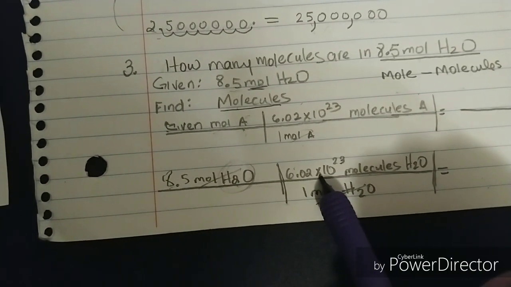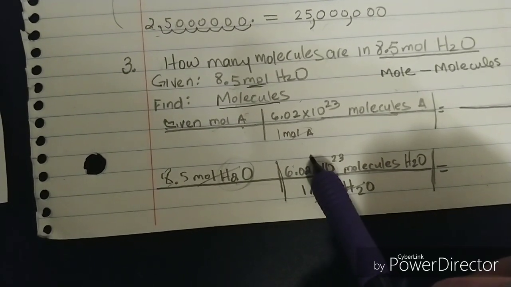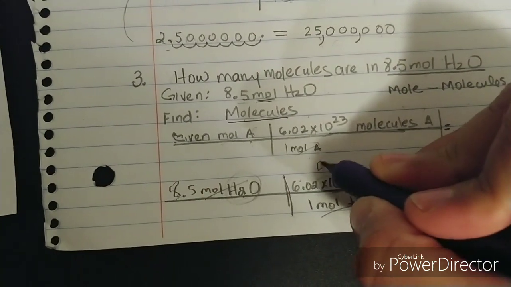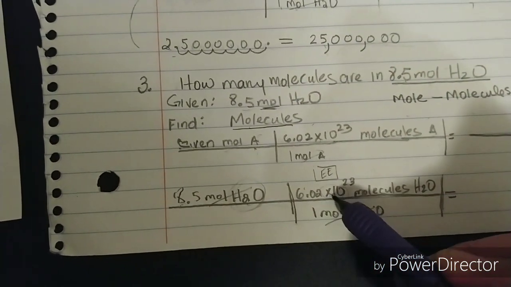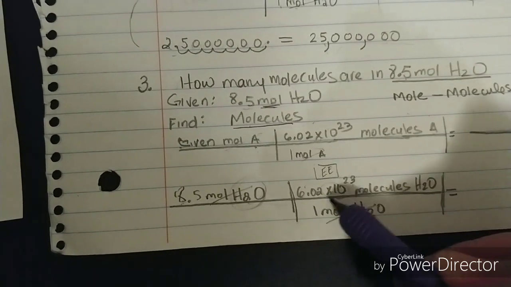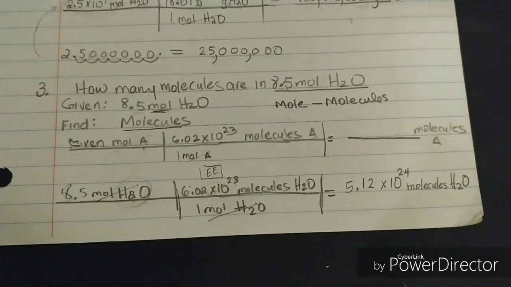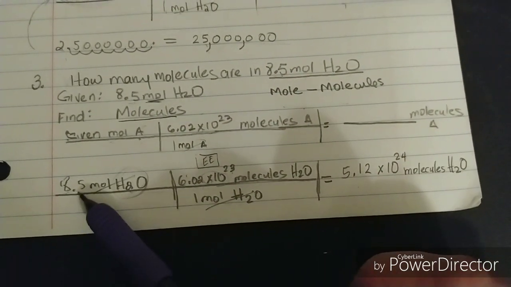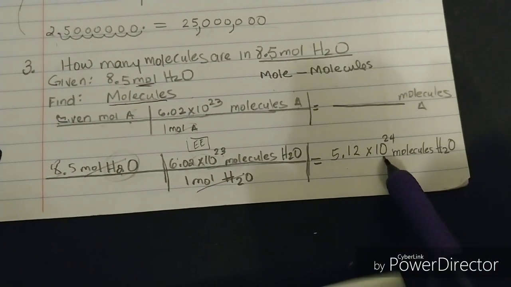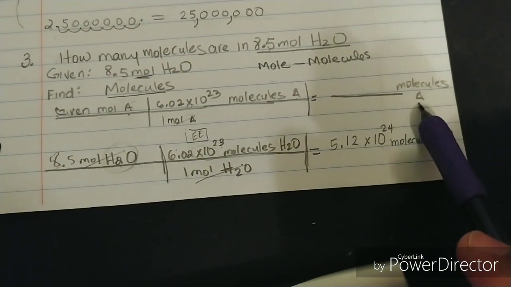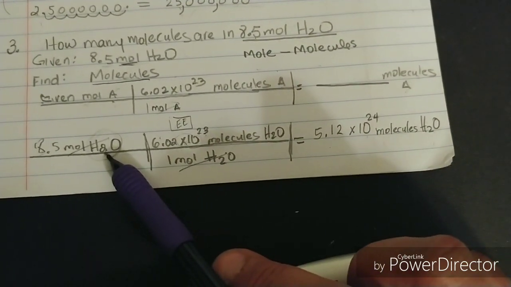Remember, when you're entering this number in the calculator, rather than putting times 10, it's a lot easier to use the button that has 2 E's, because that stands for the exponent, and then you put the 23, and you don't have to put the times 10. Okay, once we multiply the 8.5 times this number, it gives us 5.12 times 10 to the 24th molecules of A, so molecules of H2O, which is the original compound used in the given.